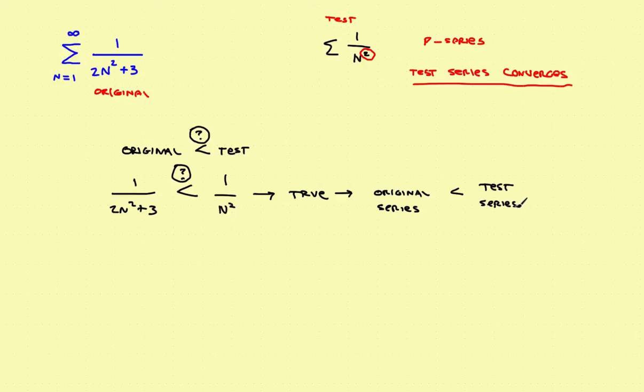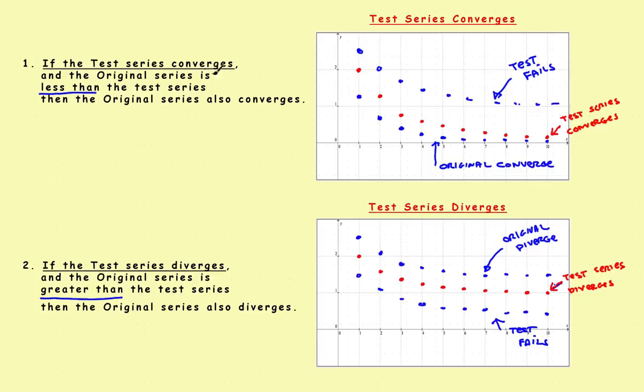So you had an original series and a test series. Now again, back to your rules. What the rules look like would be this. You know that the test series converges. You've just shown that the original series is less than the test series at every point. Therefore, you can draw this final conclusion: the original series must be converging. So let's go back.